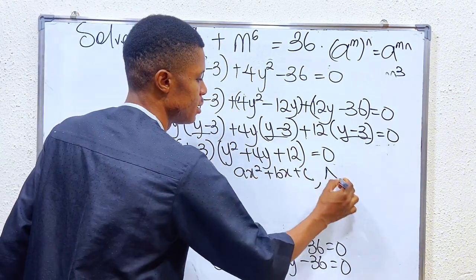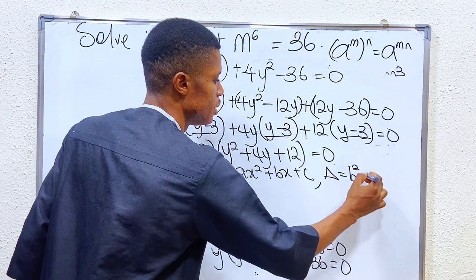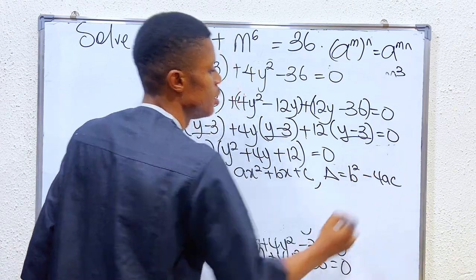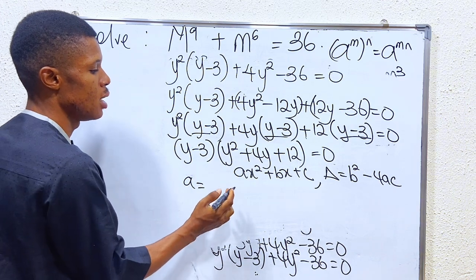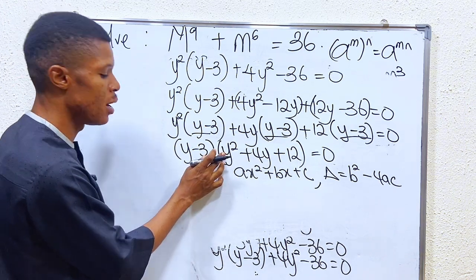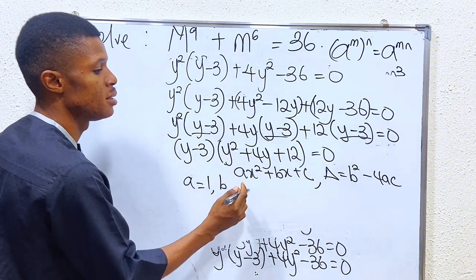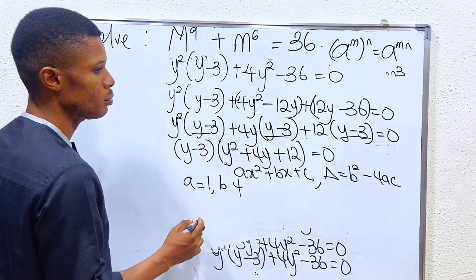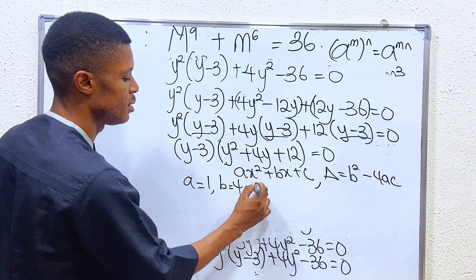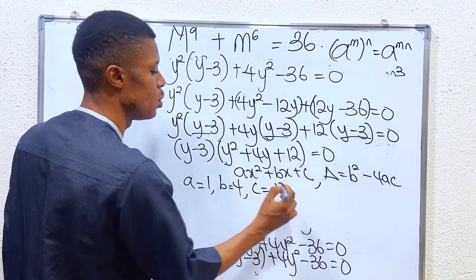The discriminant is b squared minus 4ac. a is the coefficient of the variable, which is 1, b is the middle term, which is 4, and c is the last term, which is 12.